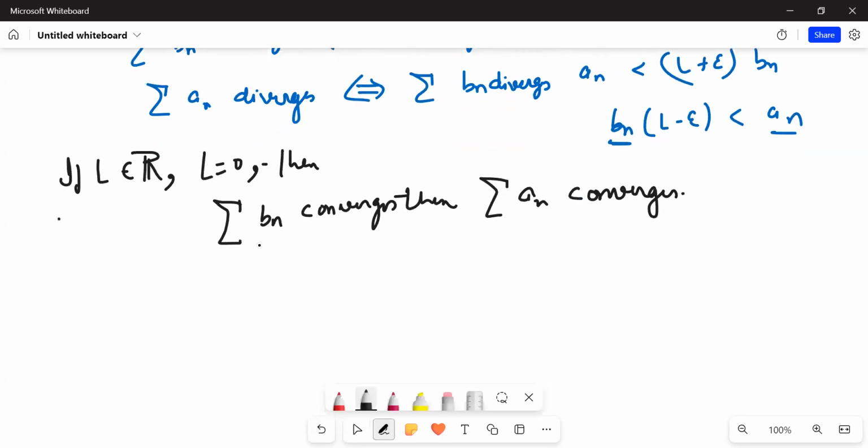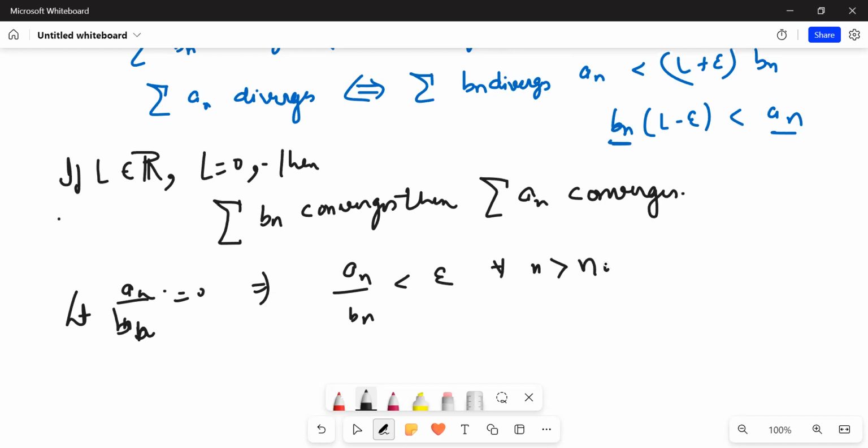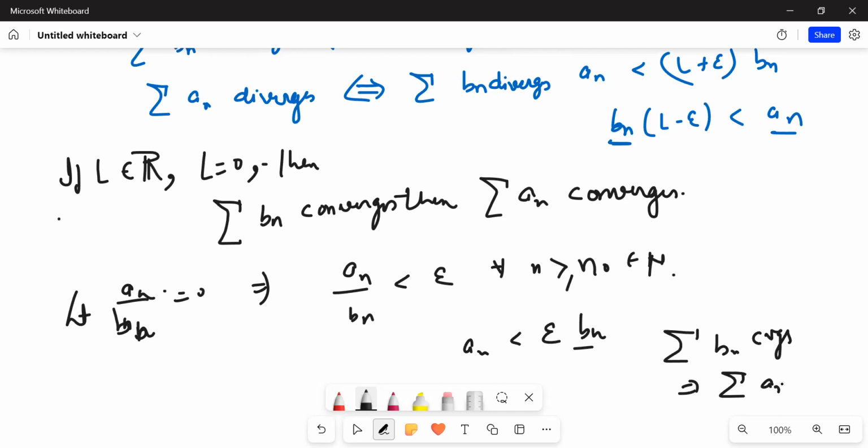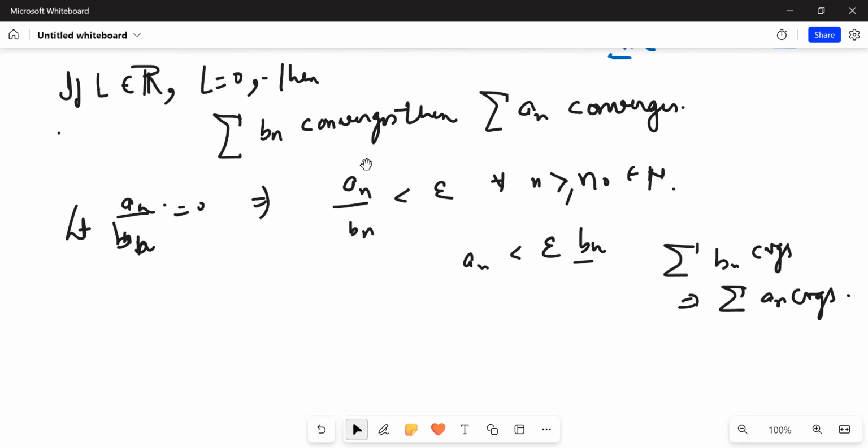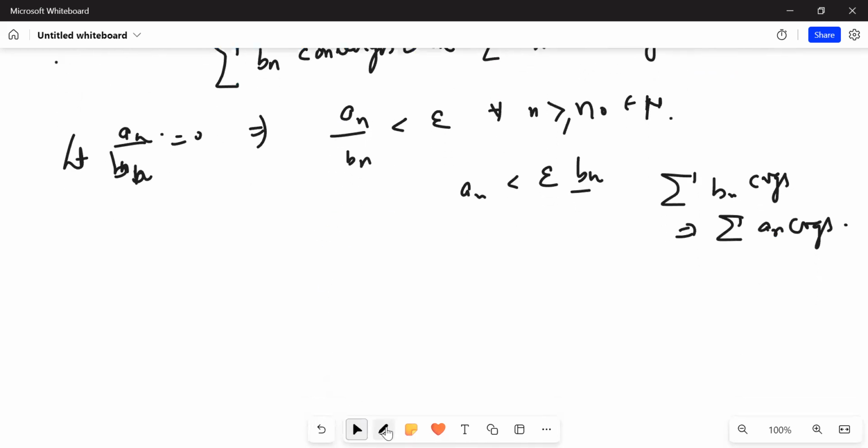I know that if the limit of an upon bn is 0, it implies that an upon bn can be written less than epsilon for all n greater than or equal to some n naught. It implies that an should be less than epsilon times bn. If summation bn converges, then summation an converges. I hope it is clear. That is, if limit L is 0, then only convergence of bn would imply convergence of an.